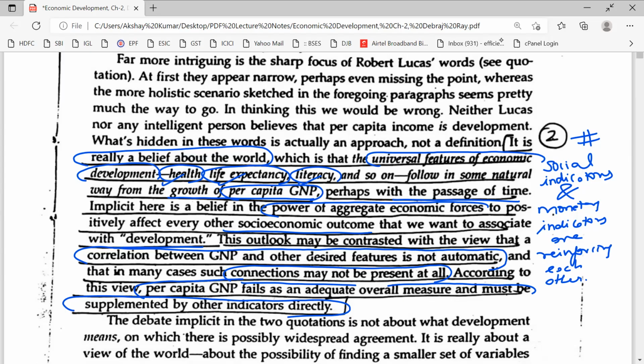So we can't necessarily say whether per capita GNP will have a positive correlation with health, life expectancy, and literacy. The correlation might fail in some of the economies, and hence we can conclude that per capita GNP is not the only overall measure. You also need to focus on other indicators as well. This was what point number 2 was telling us.